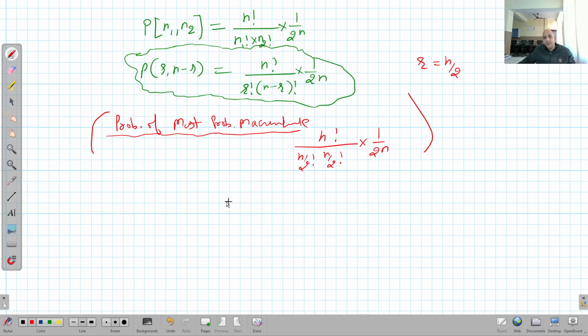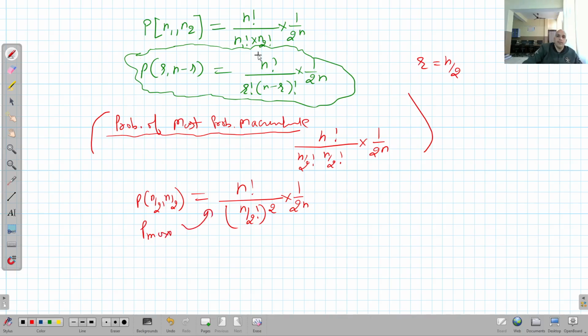So I can write it in this way, n factorial upon n by 2 factorial square into 1 upon 2 raised to power n, right? So this is P(n by 2, n by 2), P maximum, because only then this will be maximum. This maximum means this denominator term is a minimum, right?